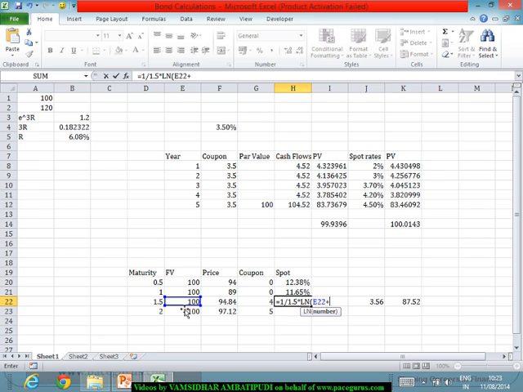This is how the 104 is coming out, and I divide this by 87.52. So this is giving me that yes, the 1.5 year spot rate is working out to somewhere around 11.5%.